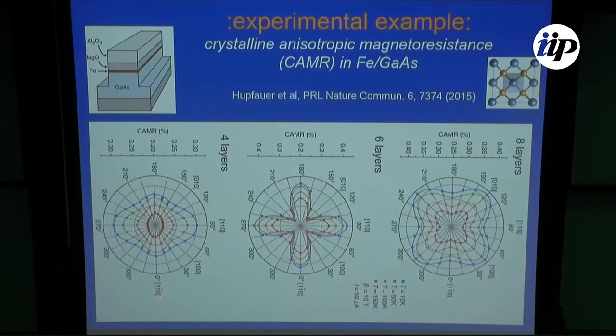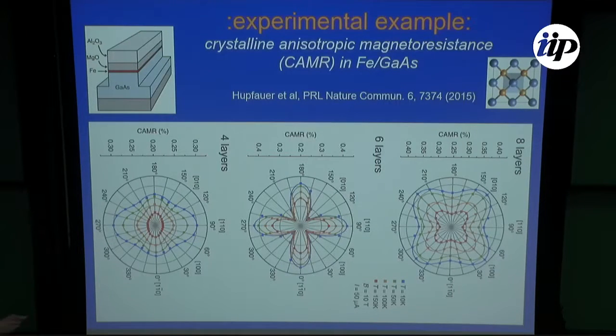You see a nice C2V symmetry. This is the 110 orientation, 1 minus 10, and this is 110. There is a different resistance because of this interfacial effect. And this is a unique signature of the proximity-induced spin-orbit coupling in iron.